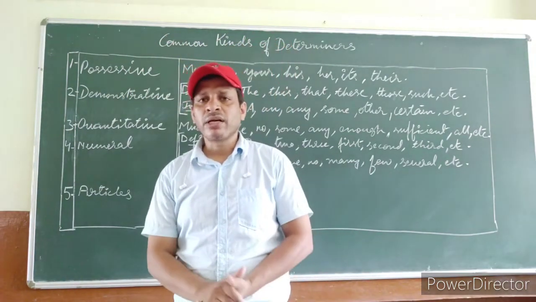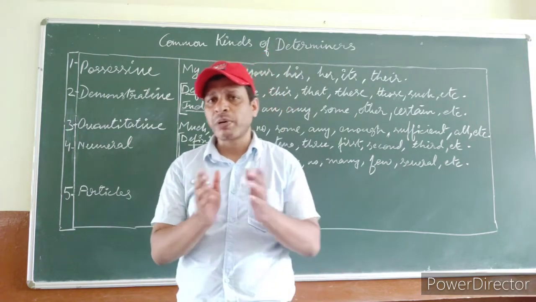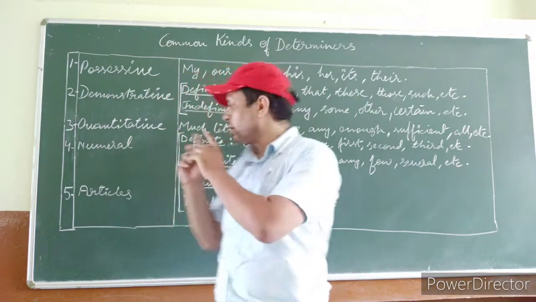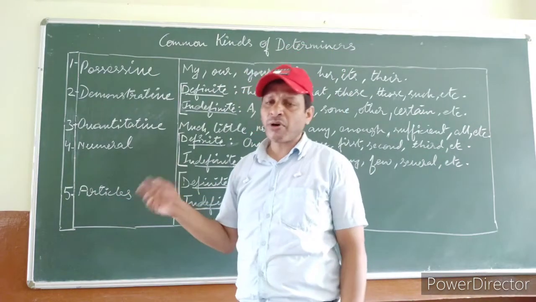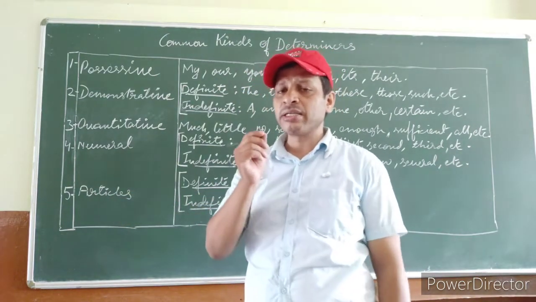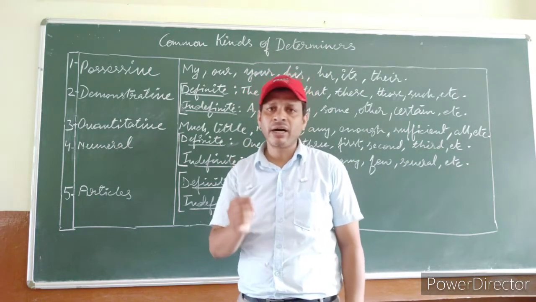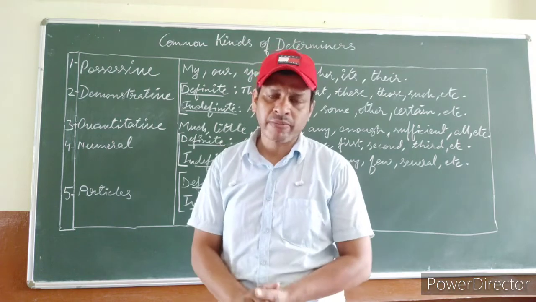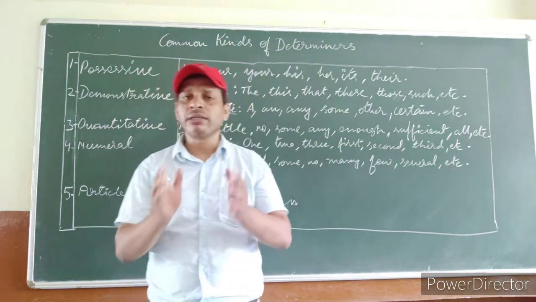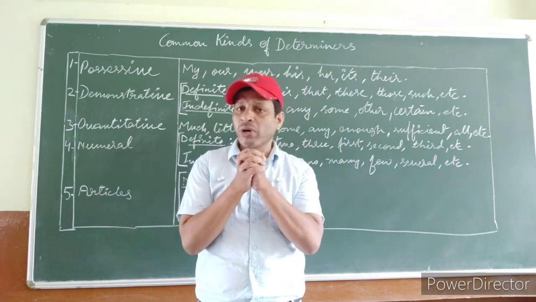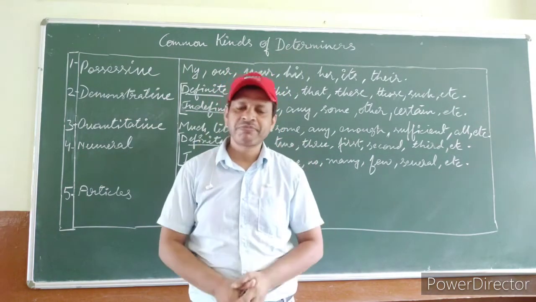So dear students, these were the common kinds of determiners, and now we shall see the last part of this box, and that is articles. As in the box you have seen, the is a definite article and a and an are the indefinite articles. From your junior classes you have been learning the articles, but once again we shall revise all of them.